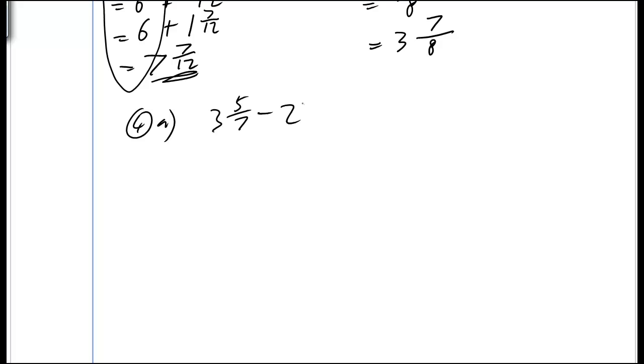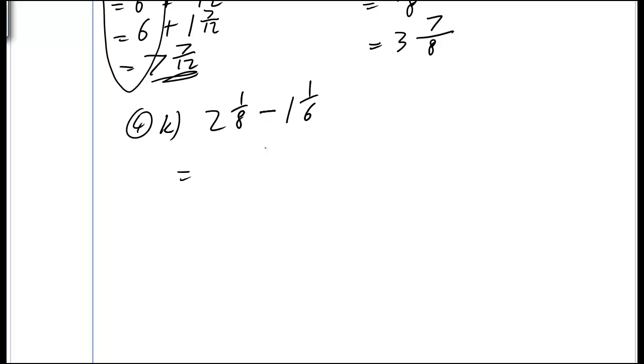Hang on, they've got the same denominator. Let's do a different one. Let's do a harder one. Let's do K. This is on page 138, number 4K. 2 and 1/8, subtract 1 and 1/6.